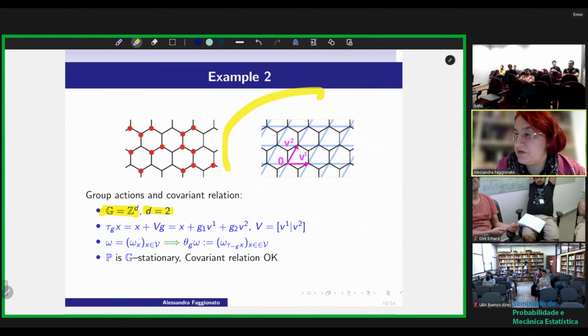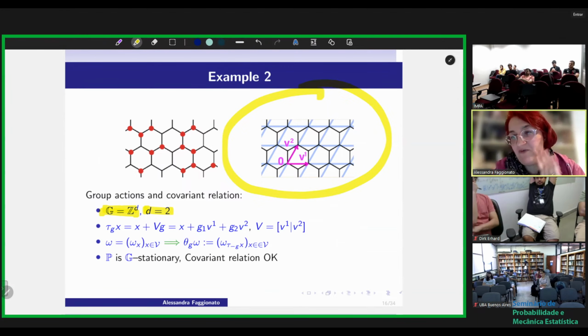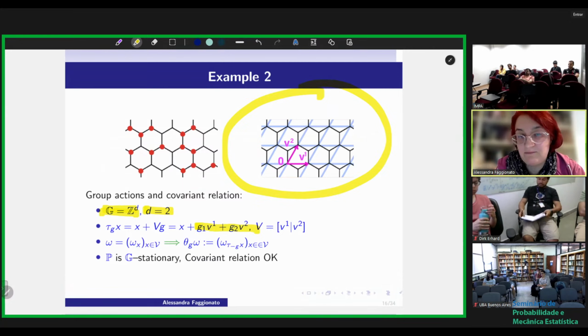If you look at this picture, you see that the translations that keep the underlying hexagonal lattice invariant are translations along vectors that are integer multiples of these vectors v1 and v2. So you are interested in translations given by g1 times v1 plus g2 times v2, where g1 and g2 are integers.